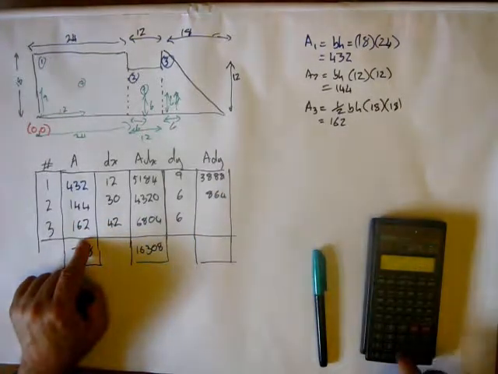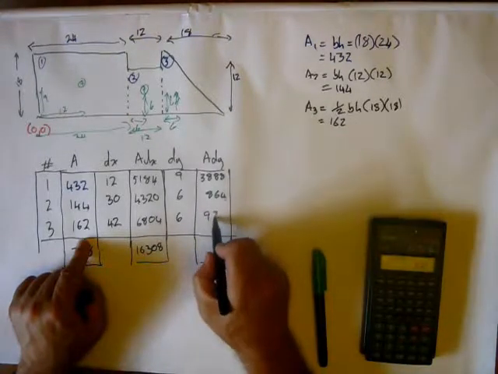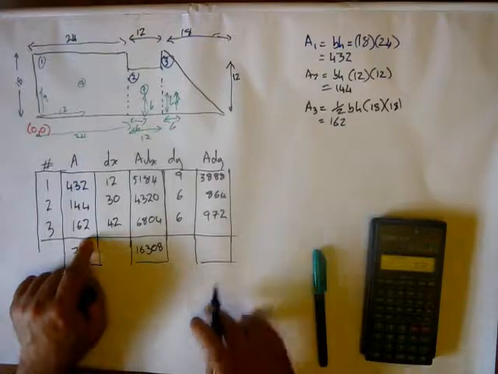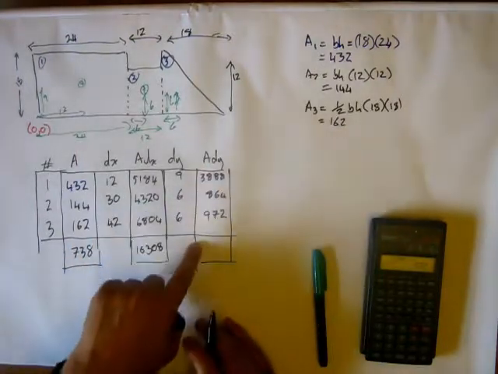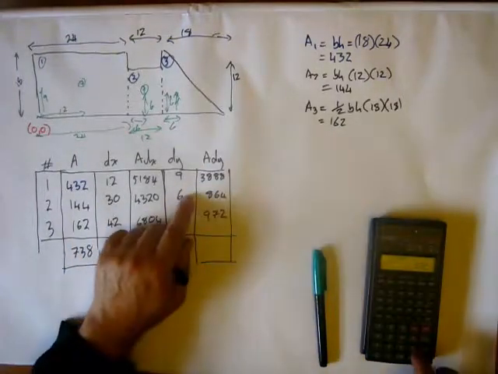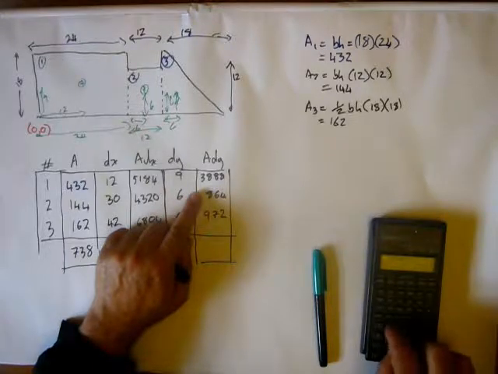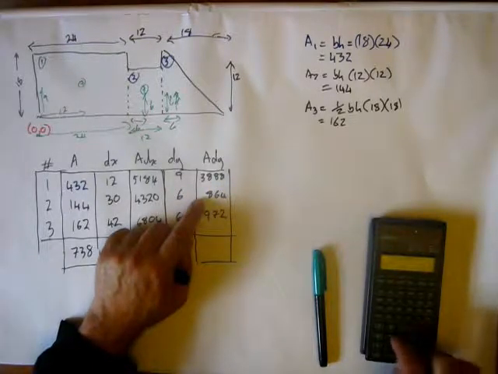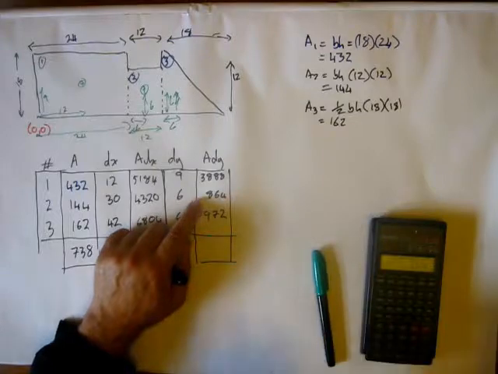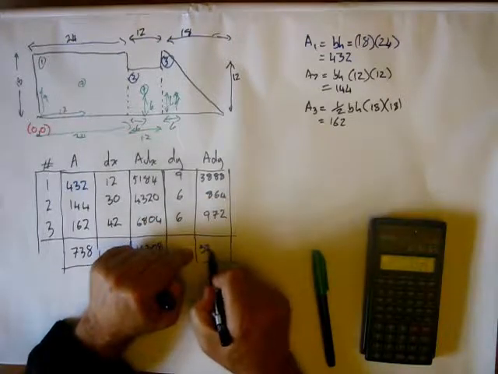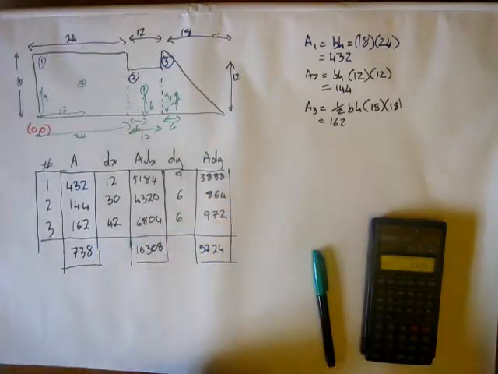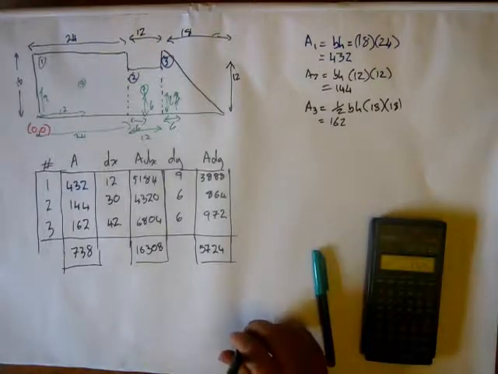And 162 times 6 equals 972. And then, just like we did here, we're going to sum these all up. So this is 972 plus 3888 plus 864 equals 5724.